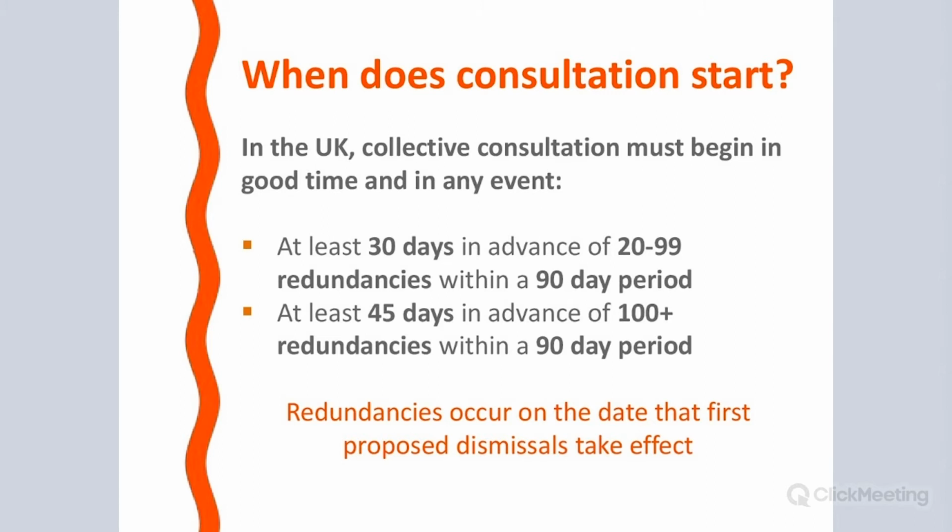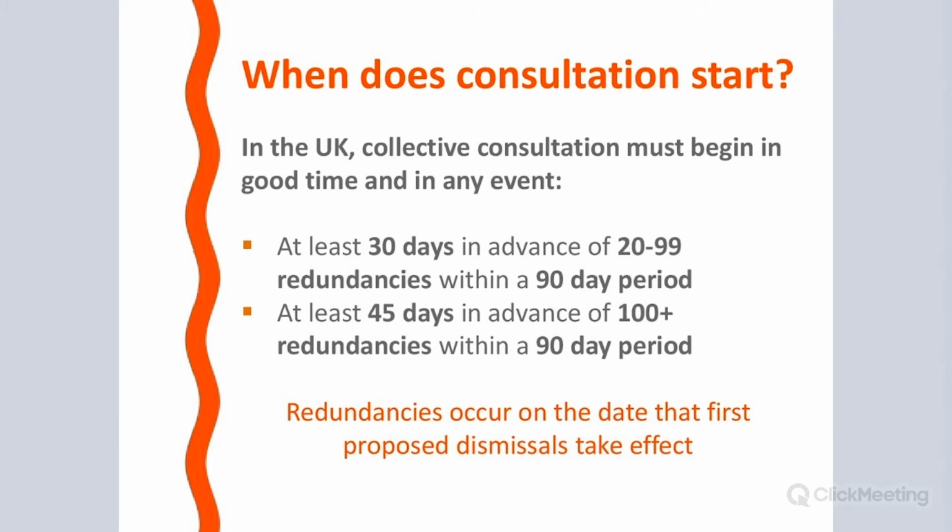When does that timescale come into effect? Well, the redundancies occur on the date that the first of the proposed dismissals take effect. So that is the date that you need to count back from if you are planning to make large-scale redundancies. You need to have started your consultation process at least 30 days or 45 days before the date the first redundancy dismissal is due to take effect.